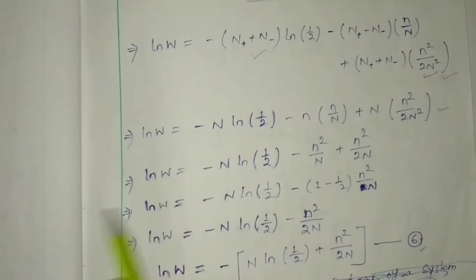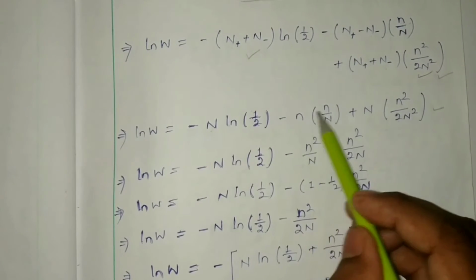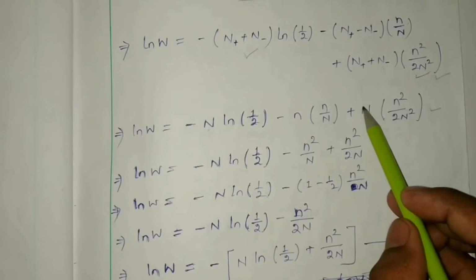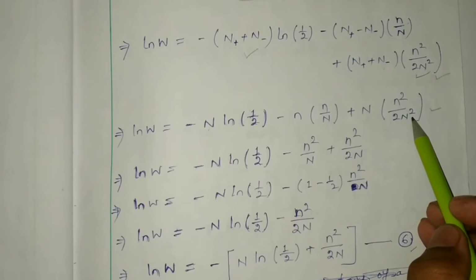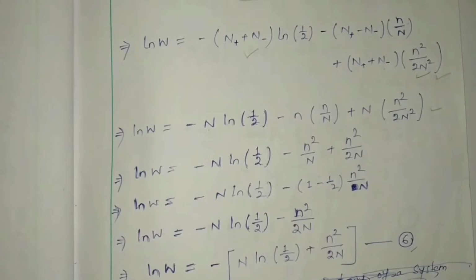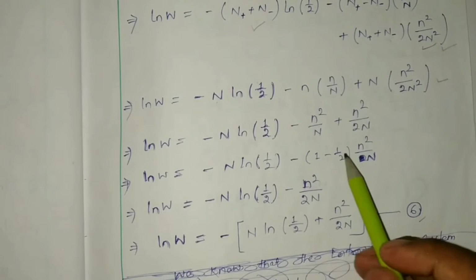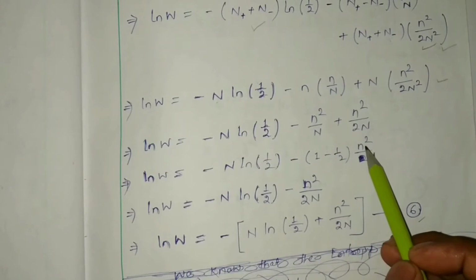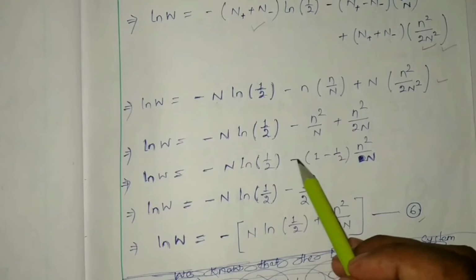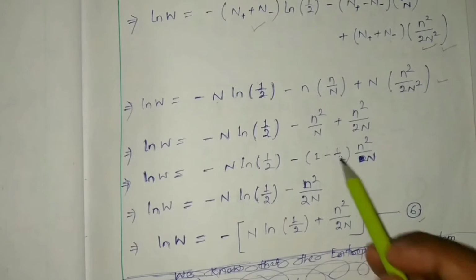Okay, now ln W will be equal to minus N ln 1 by 2 minus small n square by capital N plus here one capital N and another capital N cancelled out, and we get small n square by 2 into capital N. So that implies ln W will be equal to minus N ln 1 by 2 minus here we can take common n square by capital N, then it will be minus n square by capital N, here we get 1, here we get minus 1 by 2.